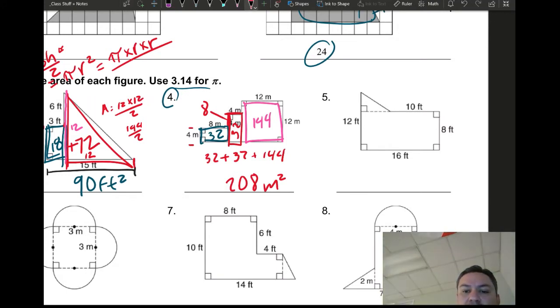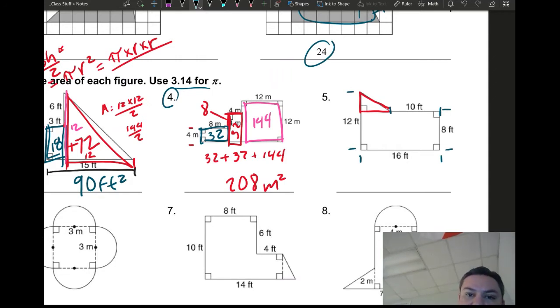The triangle is from here, that's the height, and that's the base. I don't have any numbers, so I'm going to need to find those numbers. Now, I know from here to here is 10, from here to here is 16, from here to here is 8, and from here to here is 12. So I can find it.